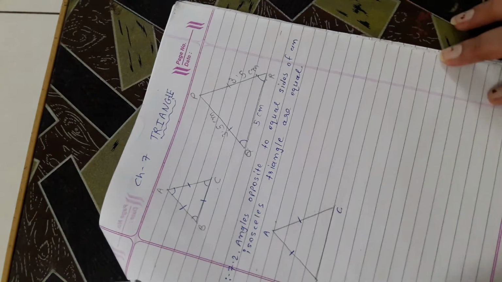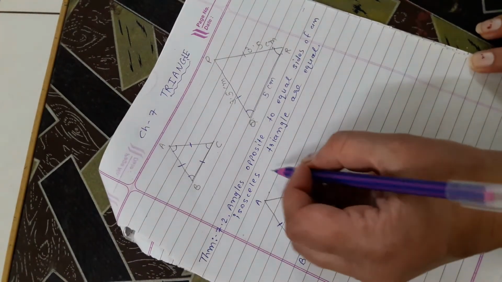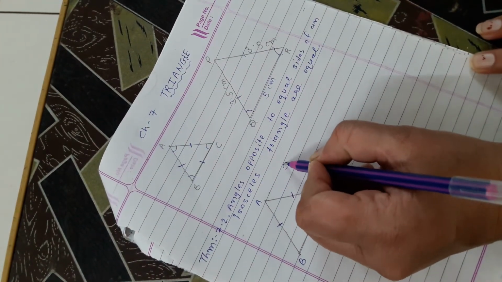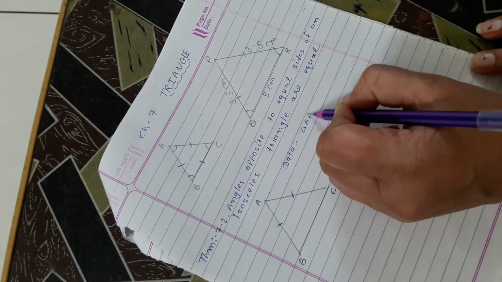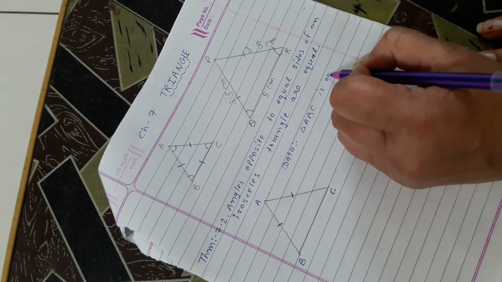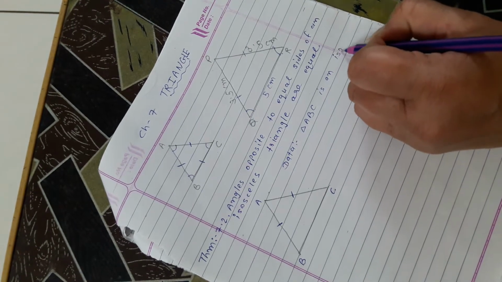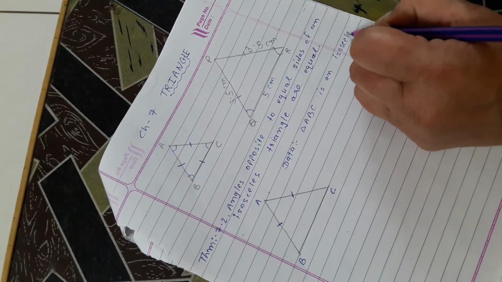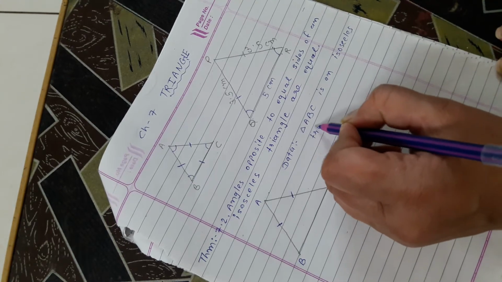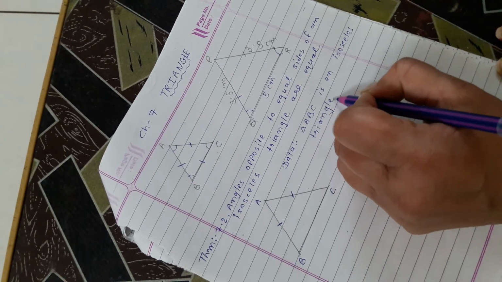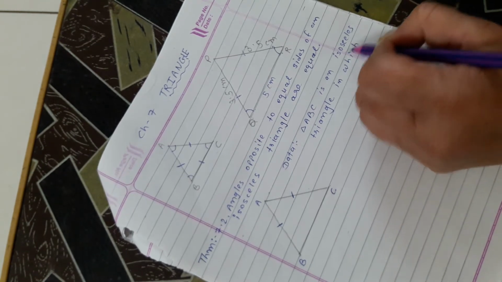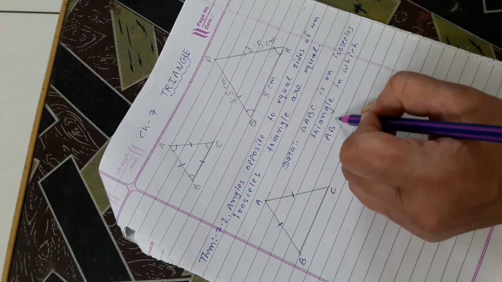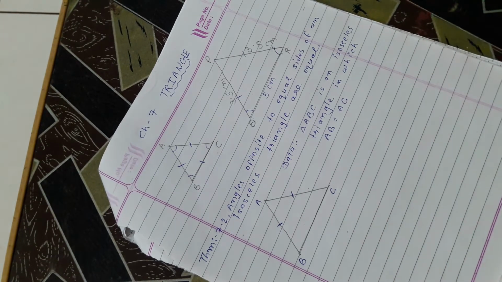So here we write the data. First we write the data: triangle ABC is an isosceles triangle in which AB equal to AC, right?